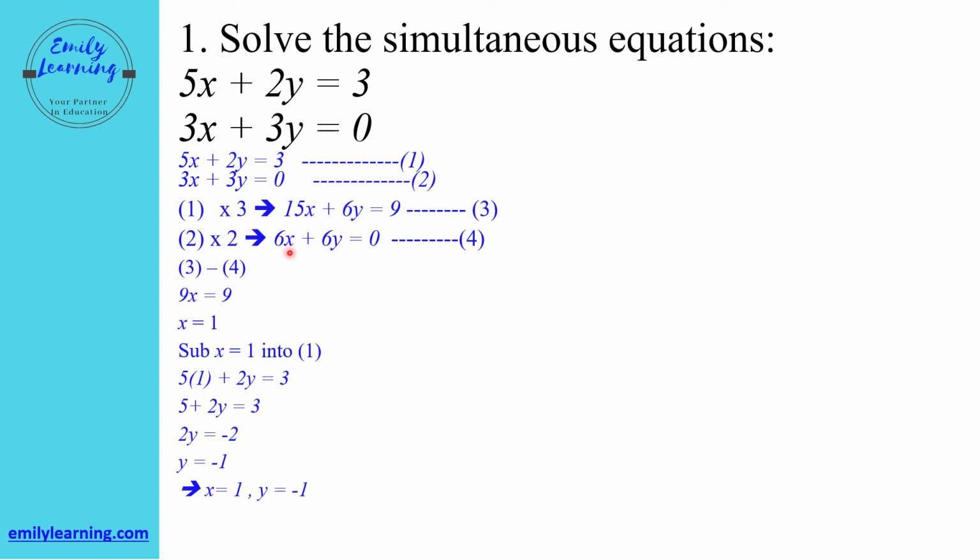Once I've multiplied them by these numbers, I need to get rid of y. So if these two statements of y have the same sign, which is plus, I will subtract them. That is why I take equation 3 minus equation 4.